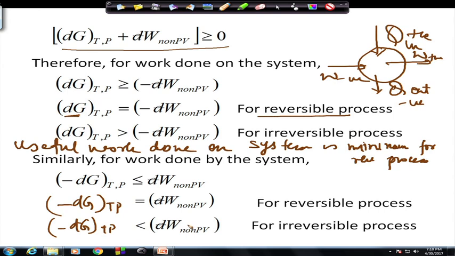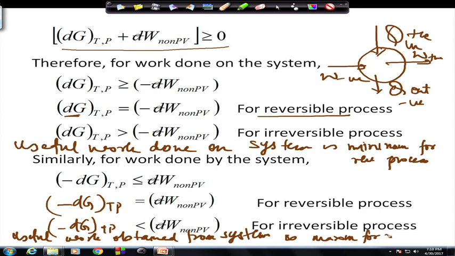So from here we find that the useful work obtained from a system is maximum for a reversible process, right. So what can we deduce from here? We can write the equation in two modes.